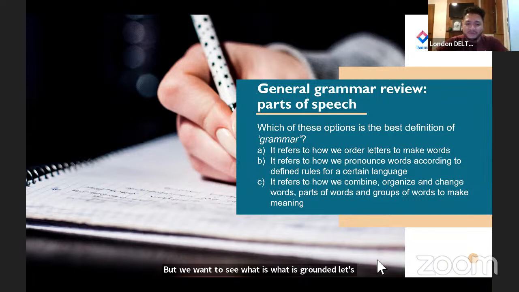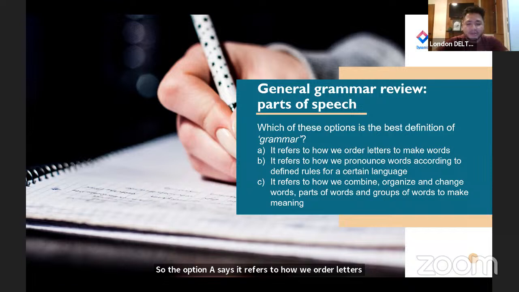We have 3 options. So which of these options do you think is the best definition of grammar? A, B, or C? Let's check the answers. I'm going to read them and then you choose. So the option A says, it refers to how we order letters to make words.